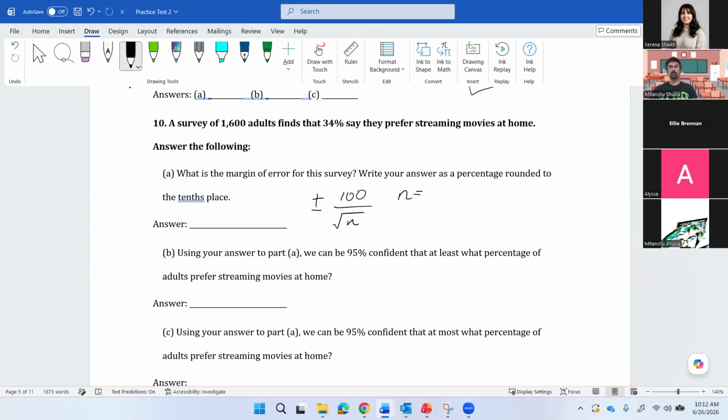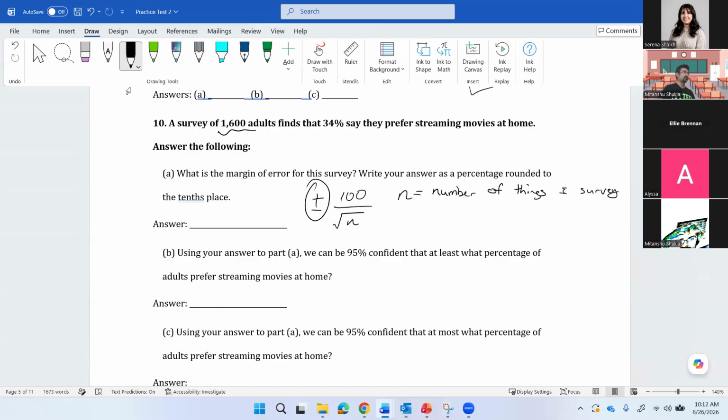N in general is the number of things I survey. And for us, it happens to be 1,600 adults. And what does margin of error really just mean? Why do we have this plus or minus? Well, it means give or take.